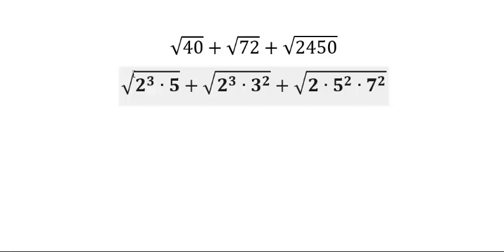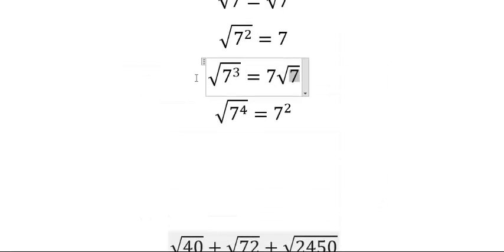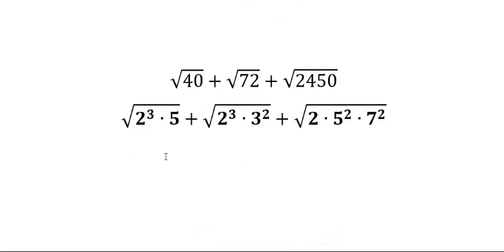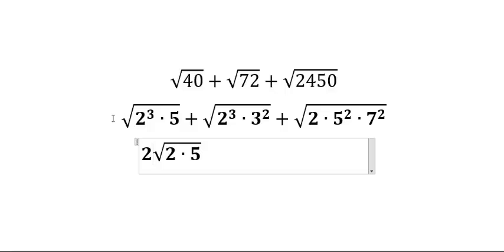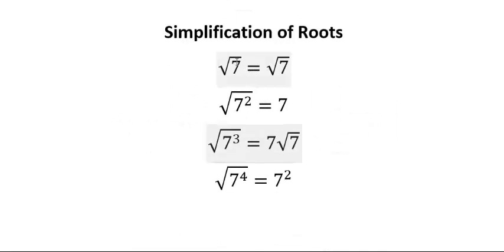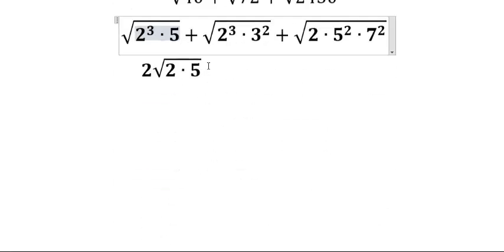So because 2 is raised to 3, the 2 is going to come outside, but there's also going to be a 2 inside the square root. It will look something like this: a number 2 outside and a number 2 inside. The 5 doesn't have an exponent other than 1, so it's going to stay the same way. It's going to stay inside.